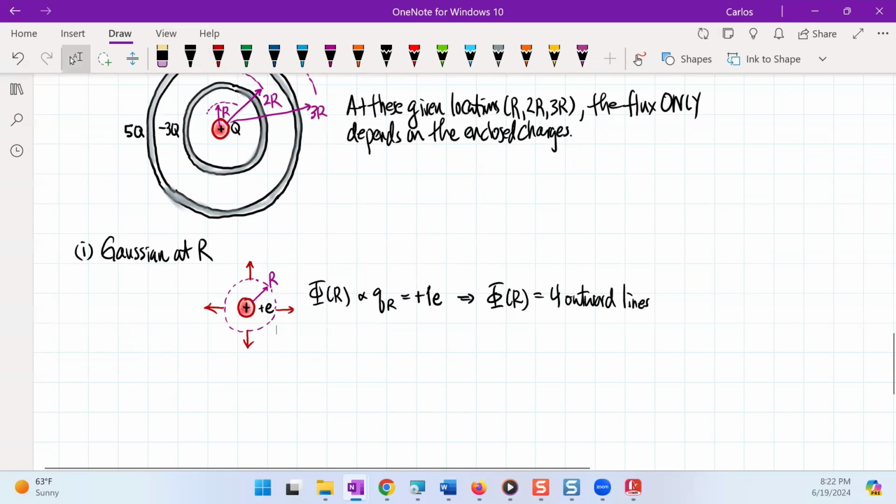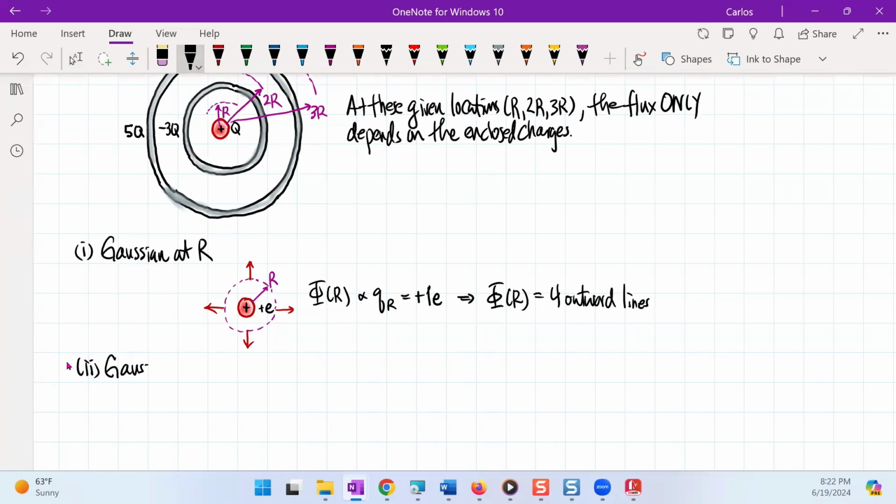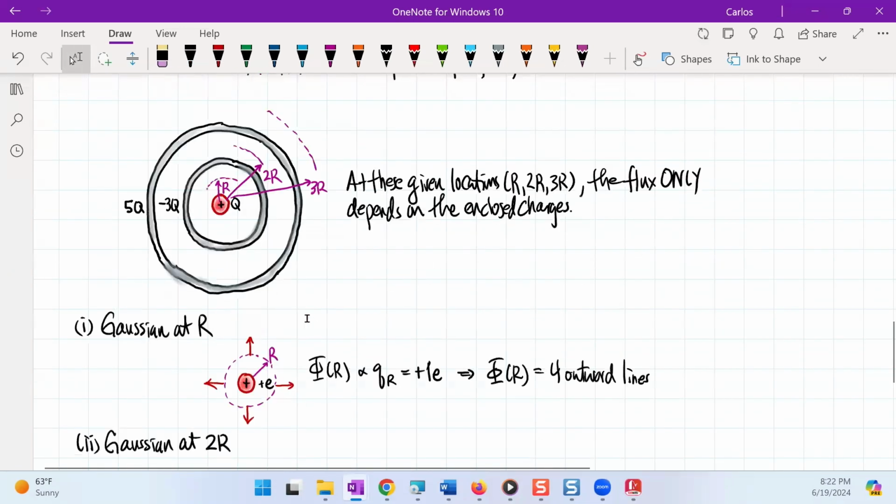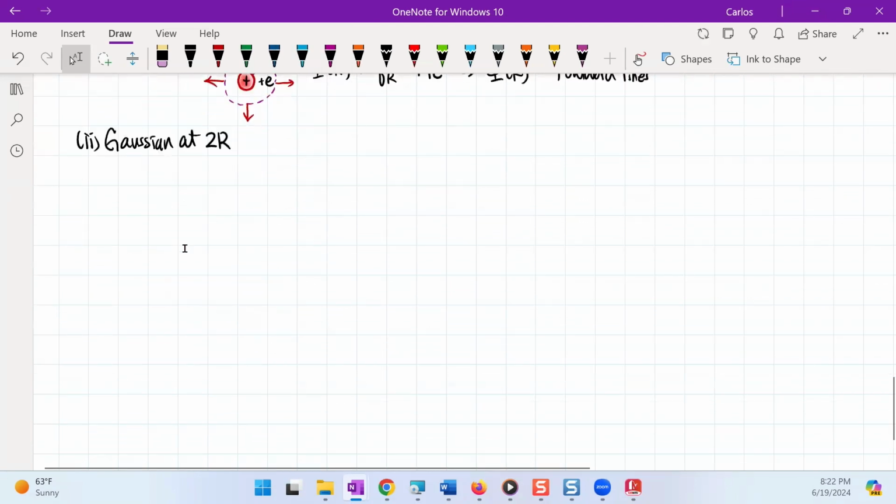Now let's repeat the process for the location at 2R. So now if I look at this guy, I have my Gaussian at 2R. What I'm going to do is copy this and modify it. If I put this in here, what do I see?